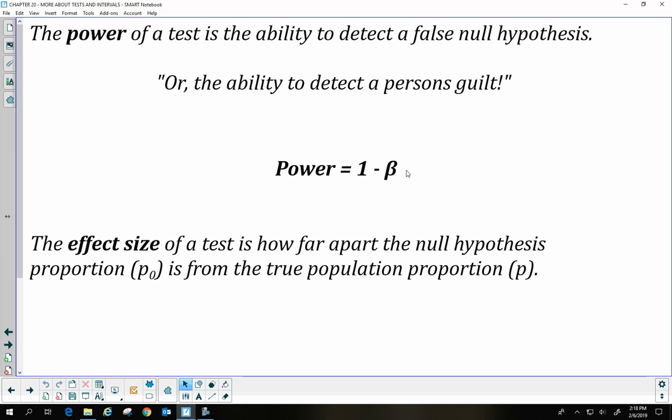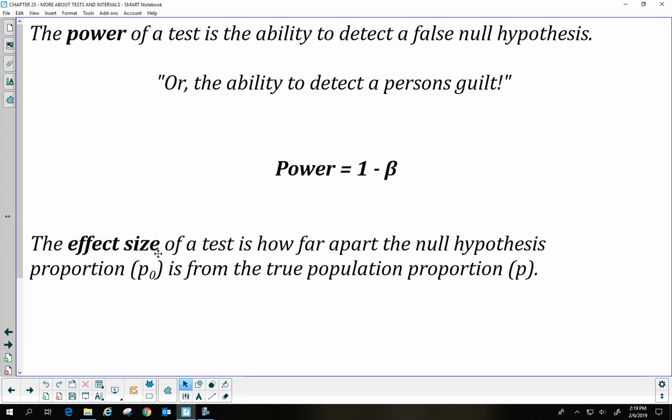Since beta is the probability of a type 2 error, 1 minus beta gives us the power of the test. Remember, type 2 error is failing to reject a false null hypothesis. So the opposite of that would be rejecting a false null hypothesis, which is what we really want to do if possible, and that represents the power of a test.